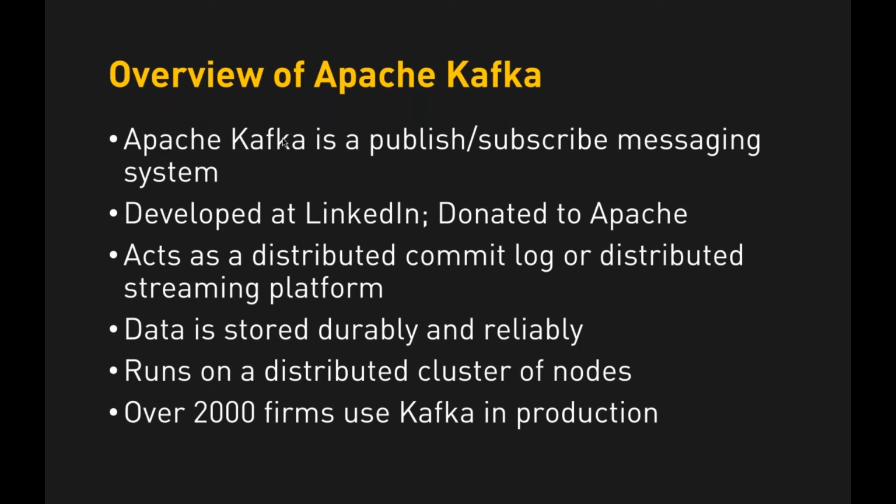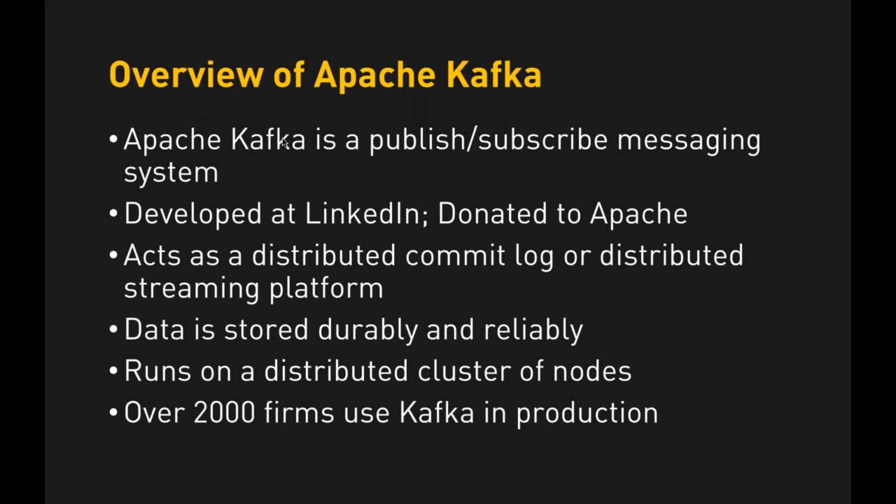There are over 2,000 firms that use Kafka in production, from Netflix to LinkedIn to a variety of companies that heavily depend on Kafka in production. Many Internet of Things platforms, IoT platforms, are also dependent on Kafka for ingesting high velocity data. Kafka becomes very, very powerful in IoT use cases, because when the sensor data is ingested to the platform for further processing, it's ingested to a Kafka endpoint.